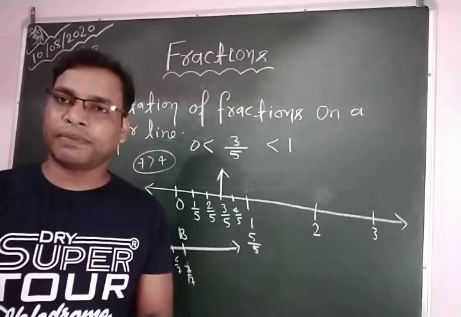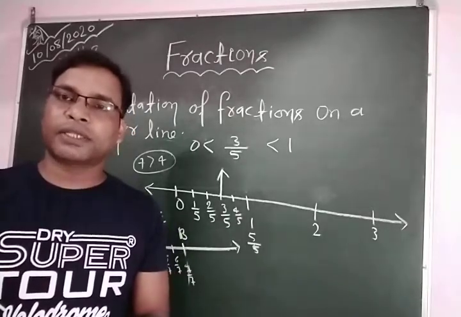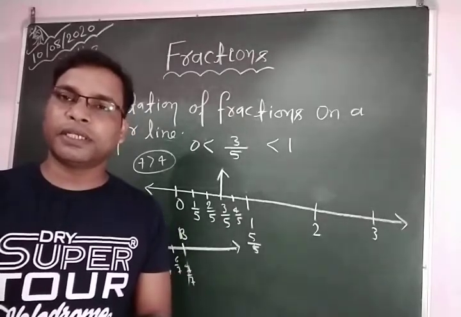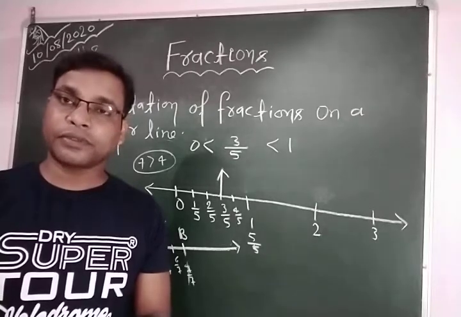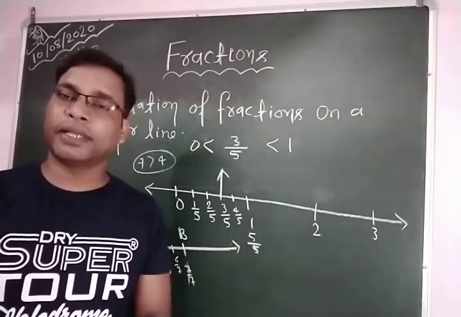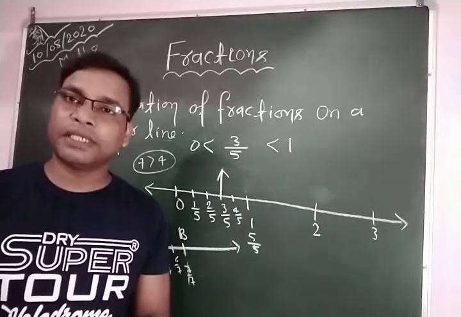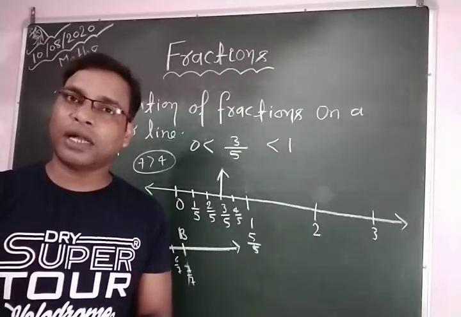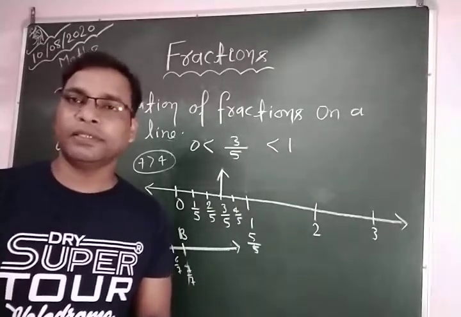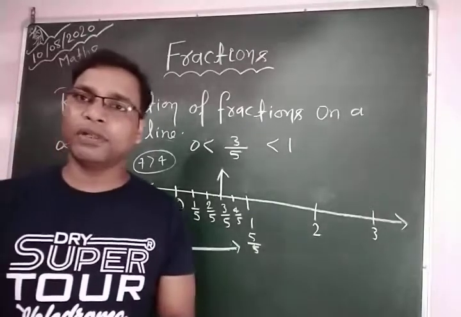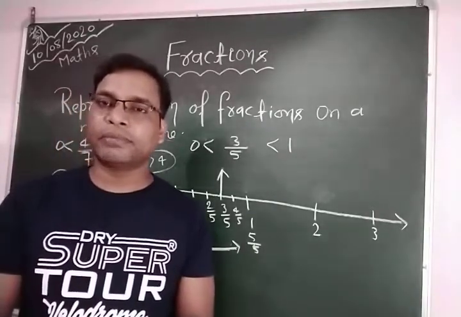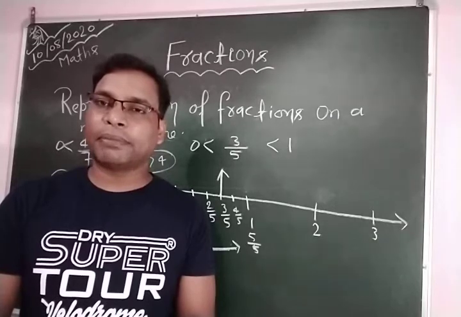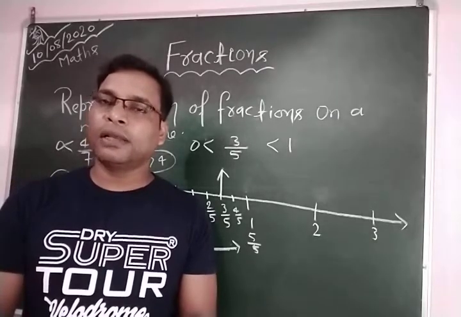Very simple definition of a fraction. Or you can say a fraction is a number which represents a part of a whole. Types of fractions: fractions have mainly 3 types: proper fraction, improper fraction, and mixed fraction.